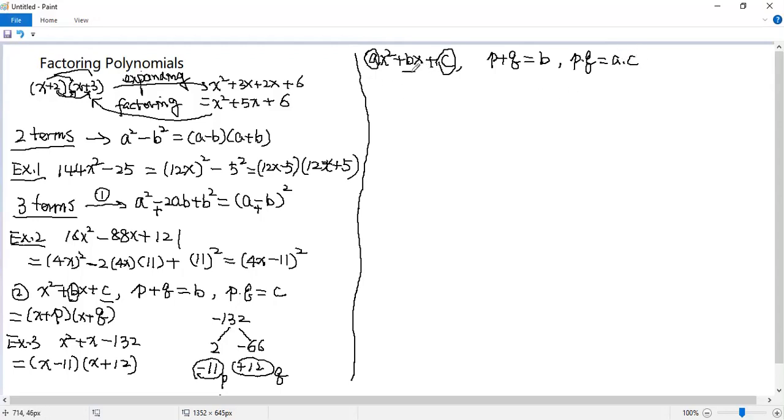Then we can break up the middle term bx as px plus qx. So ax squared plus px plus qx plus c. Then we can find the greatest common factor for the first two terms and the second two terms, and then solve this problem. Let's look at an example.